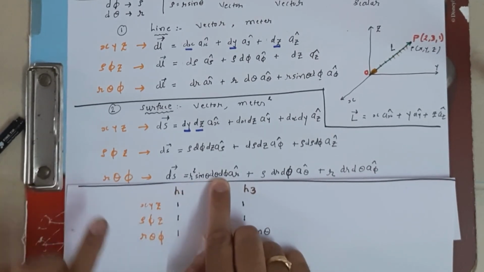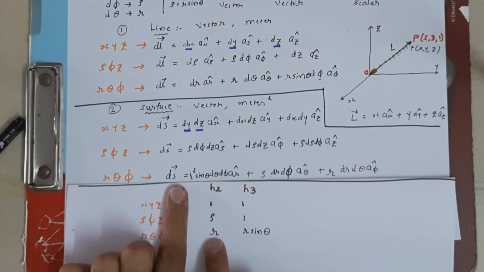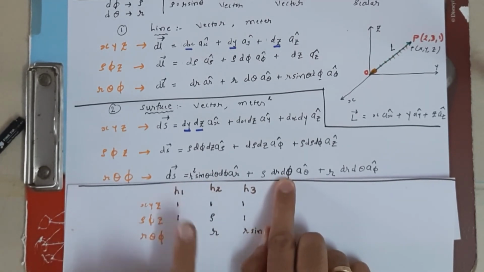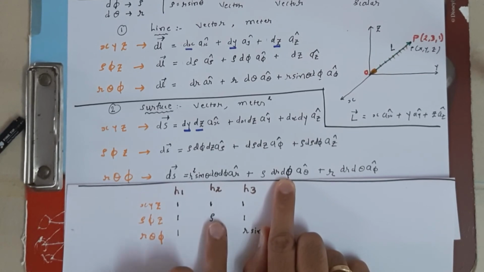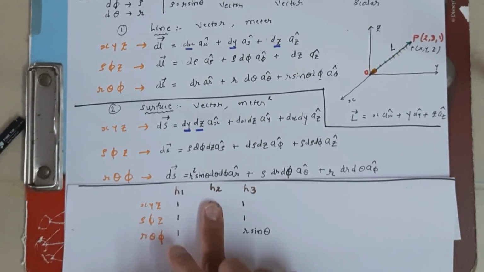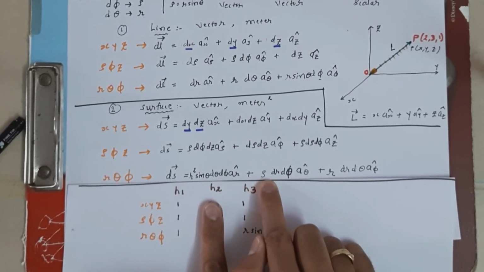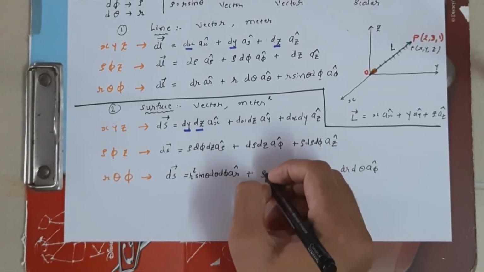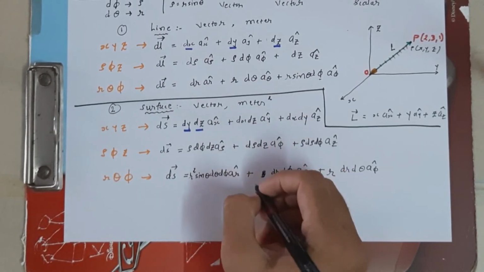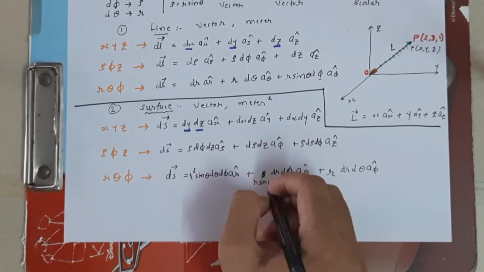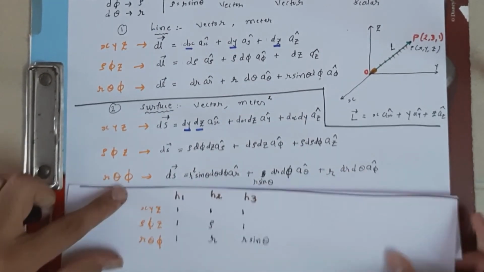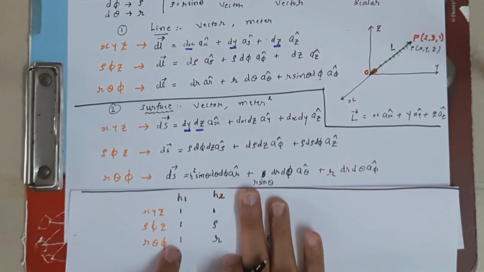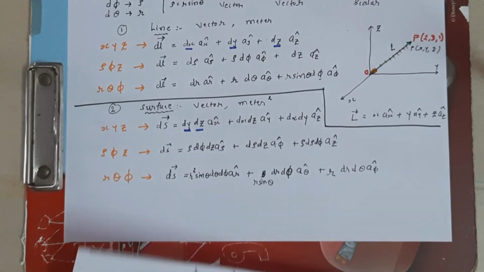For the first term, I hide the first column, r into r sin theta, so this is r square sin theta. For the second term, I hide the second column, so 1 into r sin theta, since rho is r sin theta. Clear? For the last term, I hide the third column, 1 into r, so it is r.